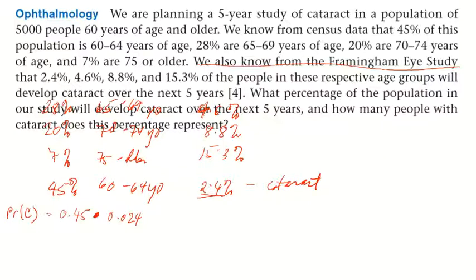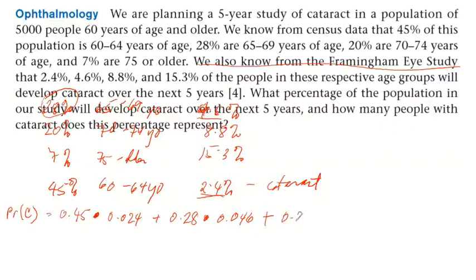So, you might have this plus, in the second age group, the one here on top, that's 28% of the population, at least in the sample, times 4.6% or 0.046, plus in our third age group, there's 20% of them.